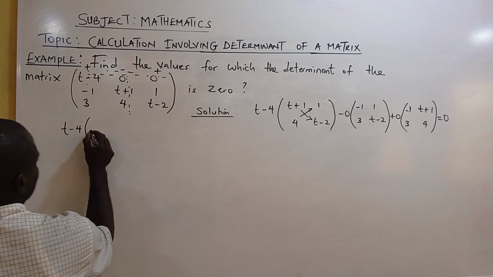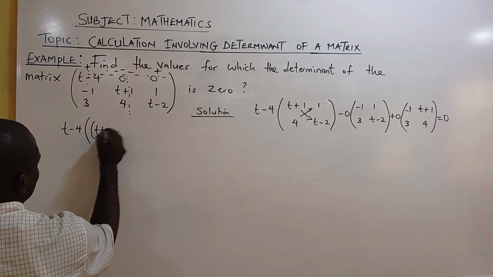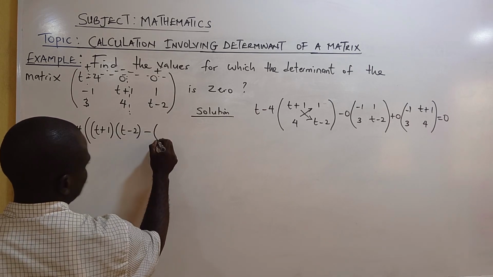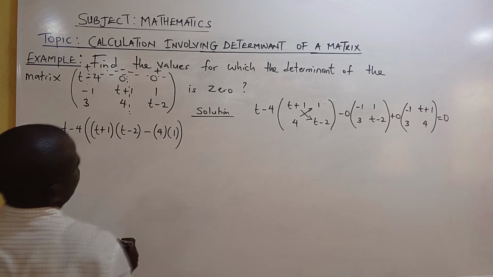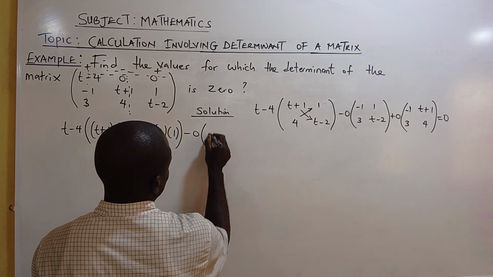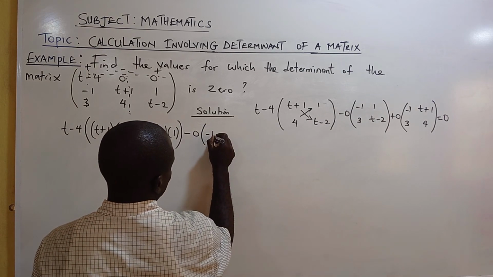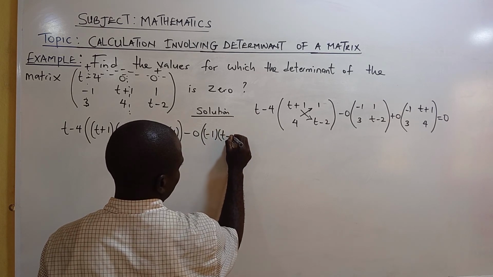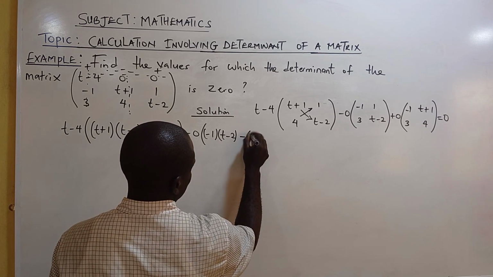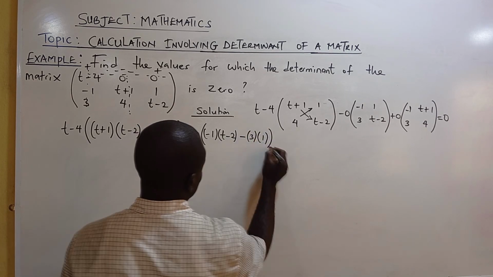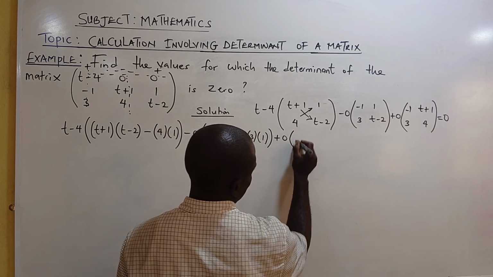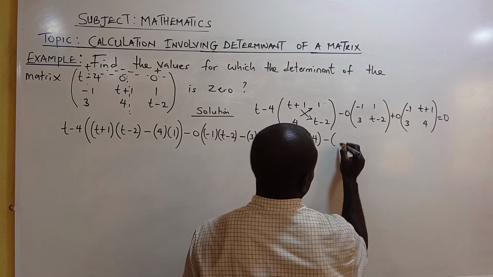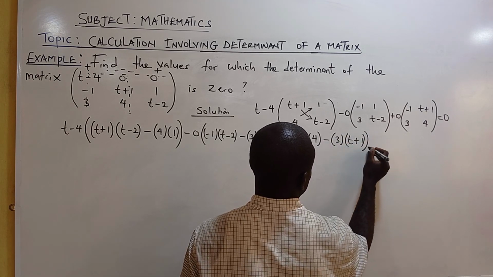This one comes first, that diagonal: t plus 1 multiplied by t minus 2, minus, open bracket, 4 multiplied by 1, minus 0, open bracket, minus 1 multiplied by t minus 2, minus 3 times 1, plus 0, open bracket, minus 1 times 4, minus 3 times t plus 1 equals 0.